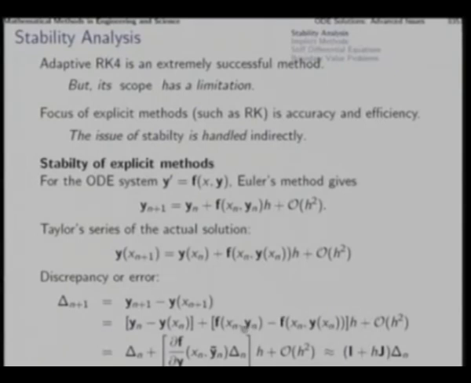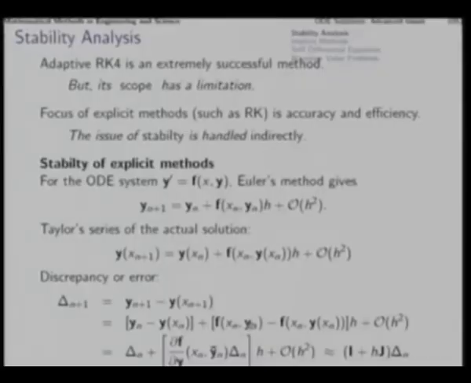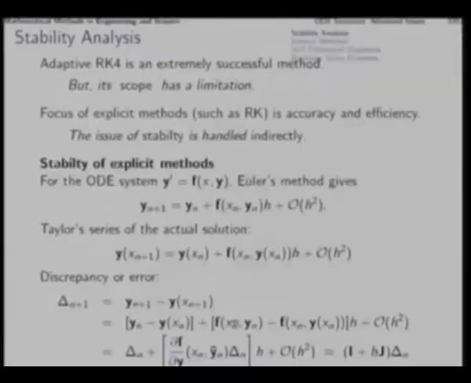Now, from mean value theorem, we know that between yn and y of xn in the y space, there will be a point in the straight line segment joining this erroneous y and true y, at which the derivative of f into the difference in y values will give this difference of f values.